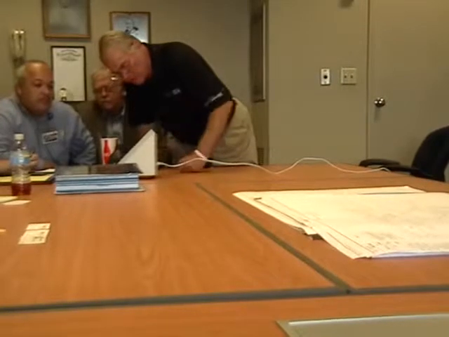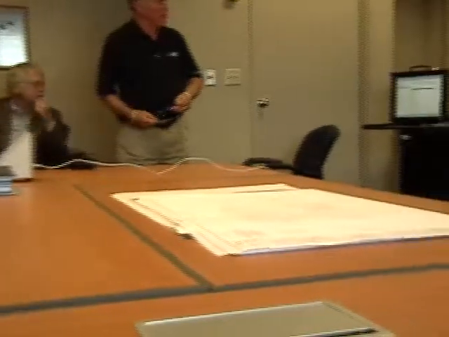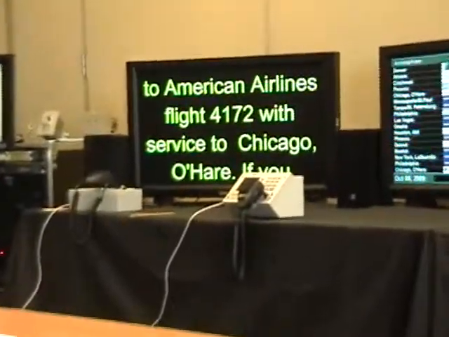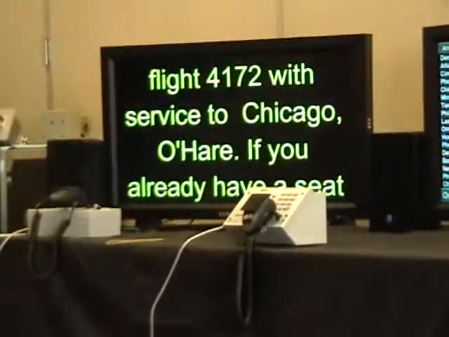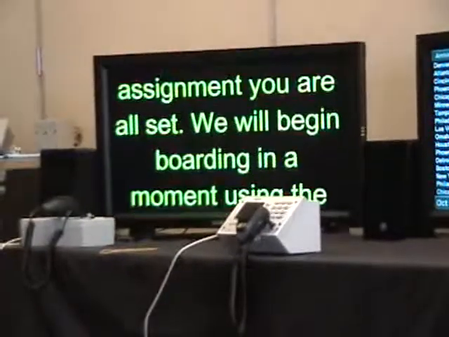If I hit this here, it's going to, here it is. Good afternoon, ladies and gentlemen. Welcome to American Airlines Flight 4172 with service to Chicago O'Hare. If you already have a seat assignment, you are all set.